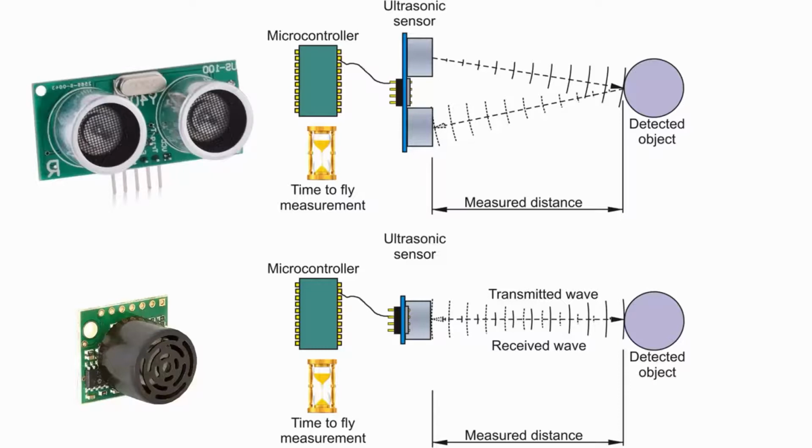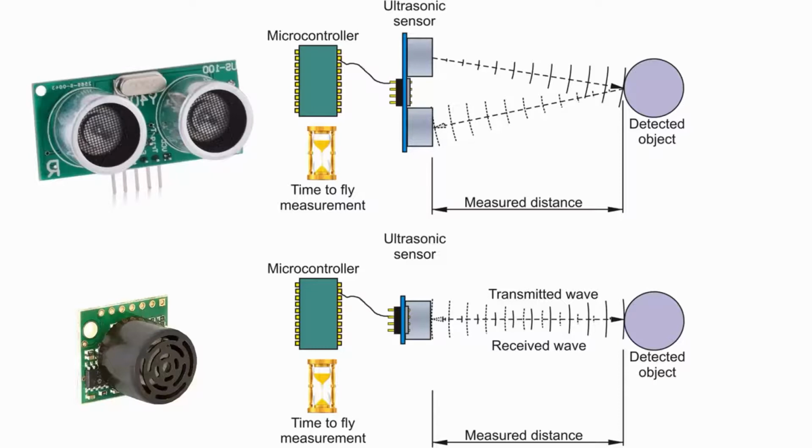In some cases, one ultrasonic sensor transducer will serve two purposes. So it can be used as a transmitter as well as a receiver. So it will have only one transducer.